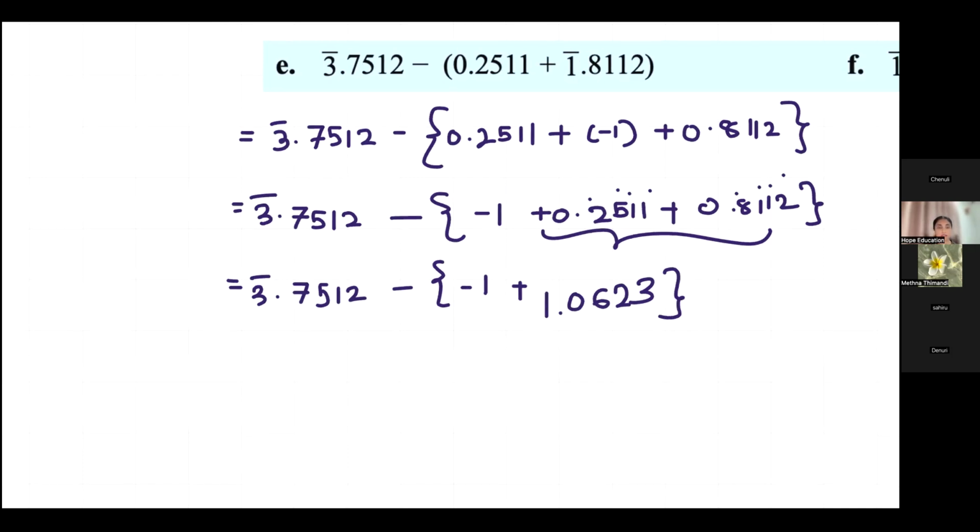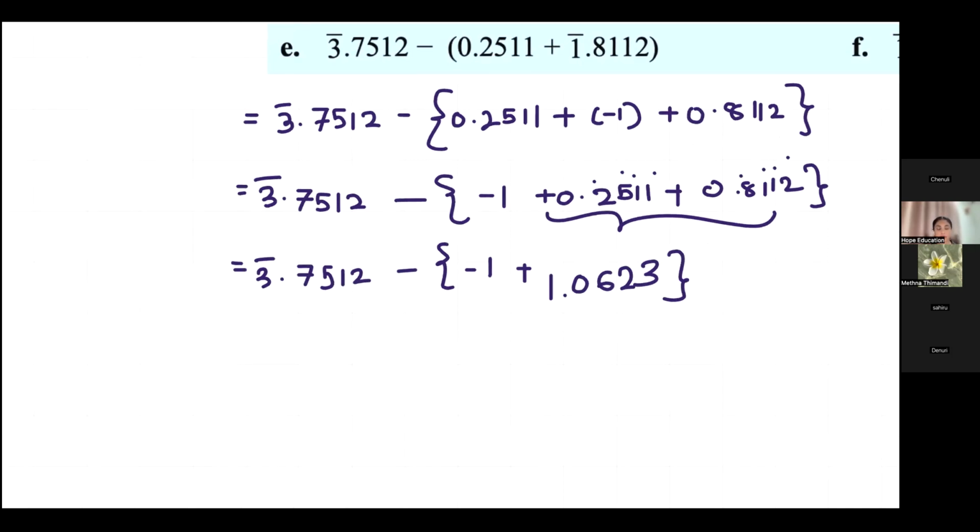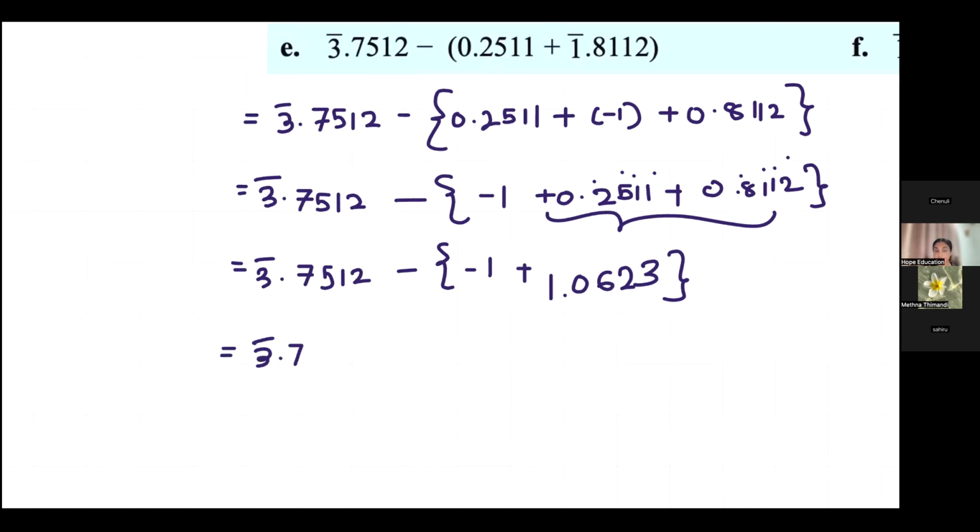And, one second, and bar 3.7512 minus, the minus 1, now again there is a characteristic. So I will separate the characteristic like this plus 0.0623.